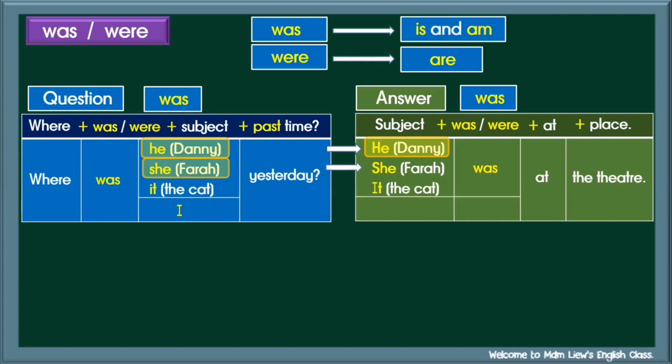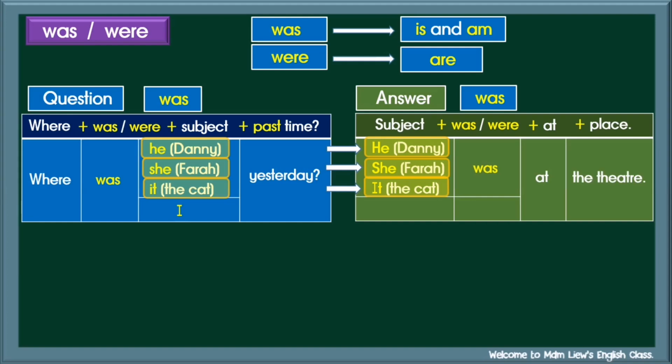Answer: she was at the theater. 3. Where was it? Example, the cat or anything else, yesterday? Answer: it was at the theater.